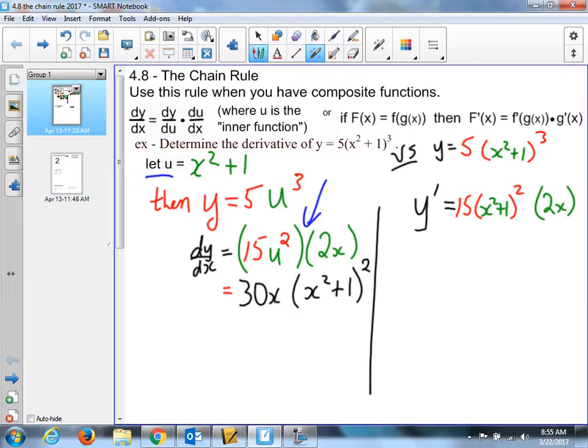Because now you would still take 2 times 15 is 30. I'd scooch the x up front too. You got the same thing, right? Two ways of thinking about the same problem. That's all I'm trying to say.